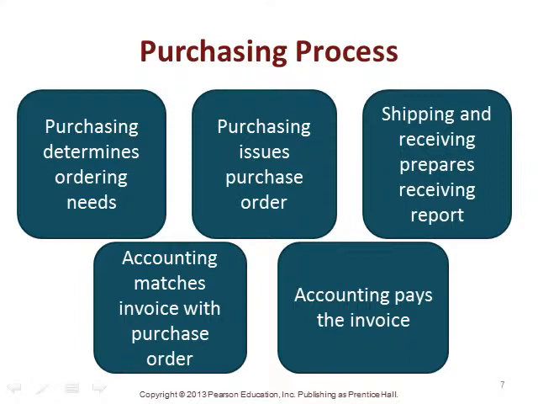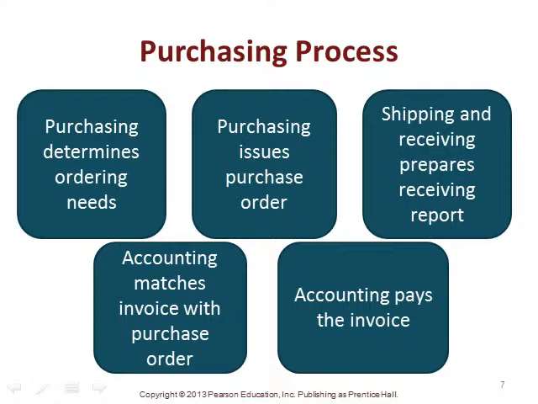Then shipping and receiving prepares the receiving report. Thus the product is delivered to our door, and shipping and receiving has to somehow acknowledge that they received it. The receiving report goes to accounting. The invoice comes in from the vendor to the accounting sometimes. Sometimes it will go into the purchasing department, but the invoice is matched with the purchase order, and it's also matched with the receiving report to make sure of a couple of things we're checking there.